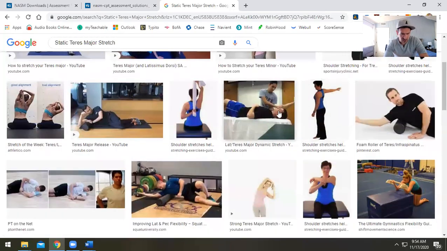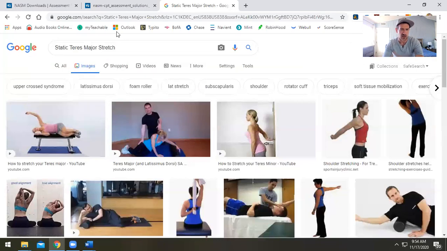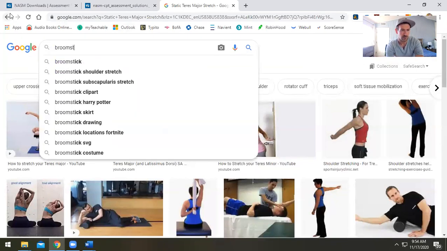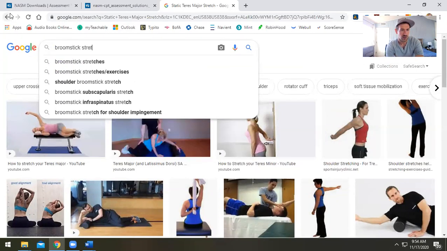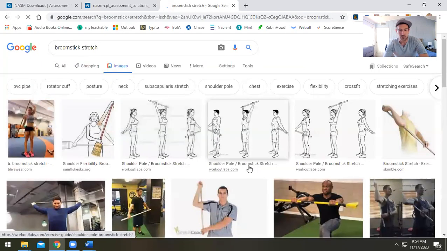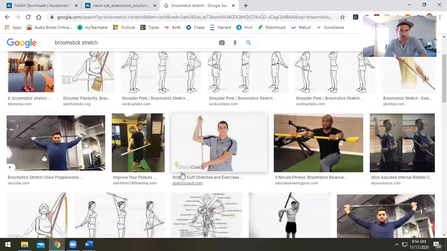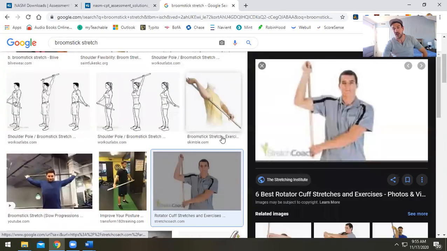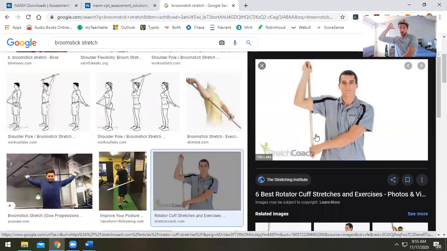Sometimes you'll also see, where's the broomstick stretch? So sometimes you'll see people, not that one. Although I do love the broomstick, they call it dislocations. But sometimes you'll see this version here. So what he's doing is he's got this broomstick dropped behind his arm and he's pulling it back.